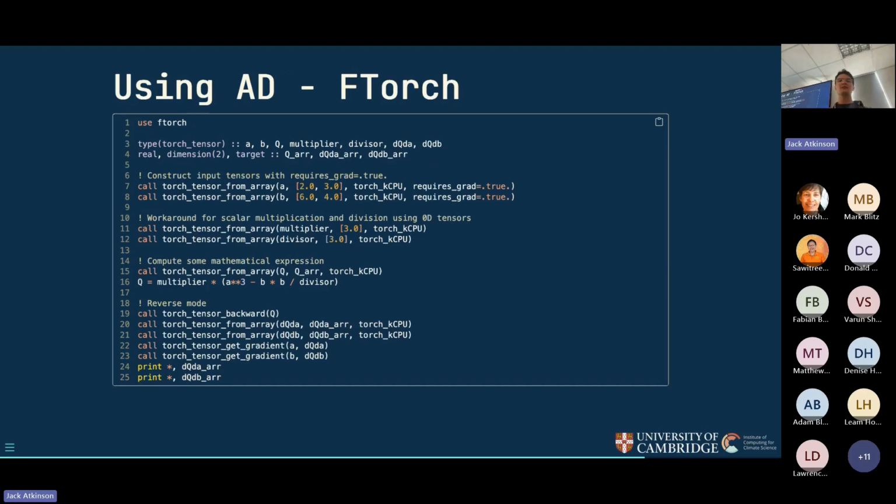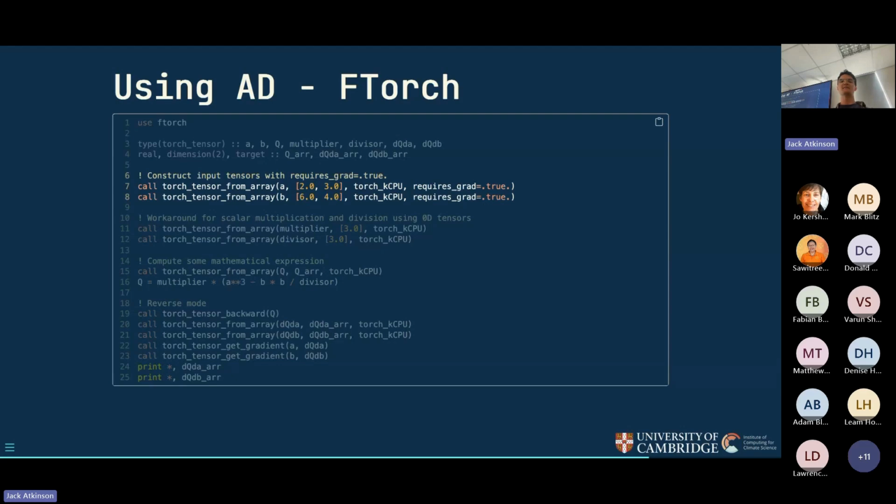Using automatic differentiation is very similar. You create the tensors as you would have done previously, but now you've got an additional option to specify that you want the gradients to be tracked, very similar to PyTorch. You can now call some kind of mathematical operation.